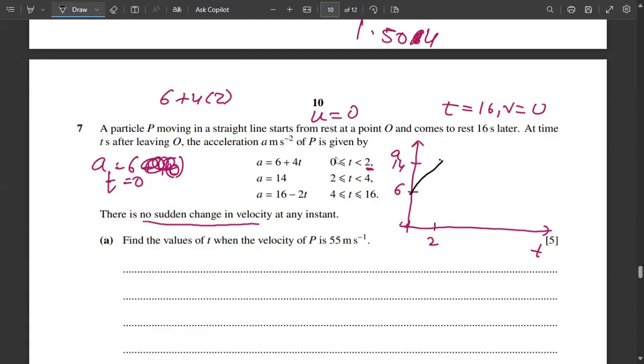Okay, what next? 14. So for next 2 seconds between 2 to 4, A remains constant at 14. And then 4 to 16, 16 minus 2t. So at 4, 16 minus 2, 2 4s are 8, 16 minus 8 equals 8. So acceleration will suddenly change at 4 and it will become 8. So 8 will be somewhere here.